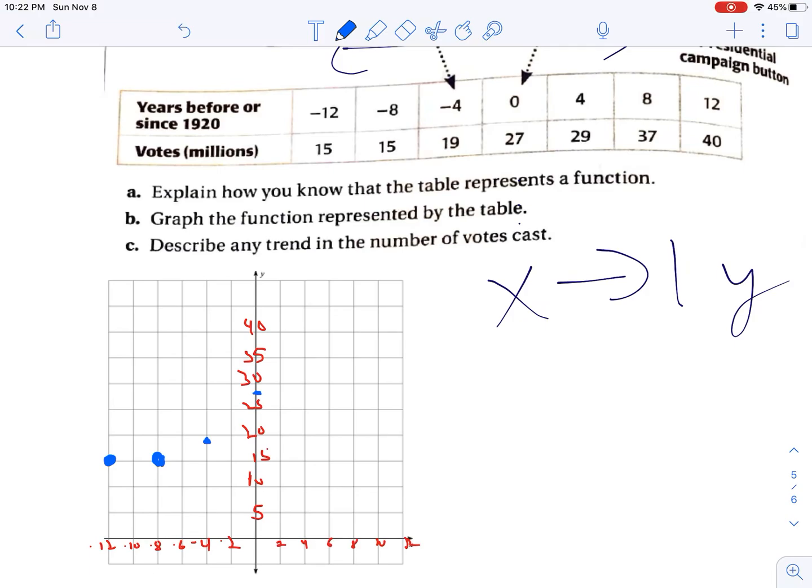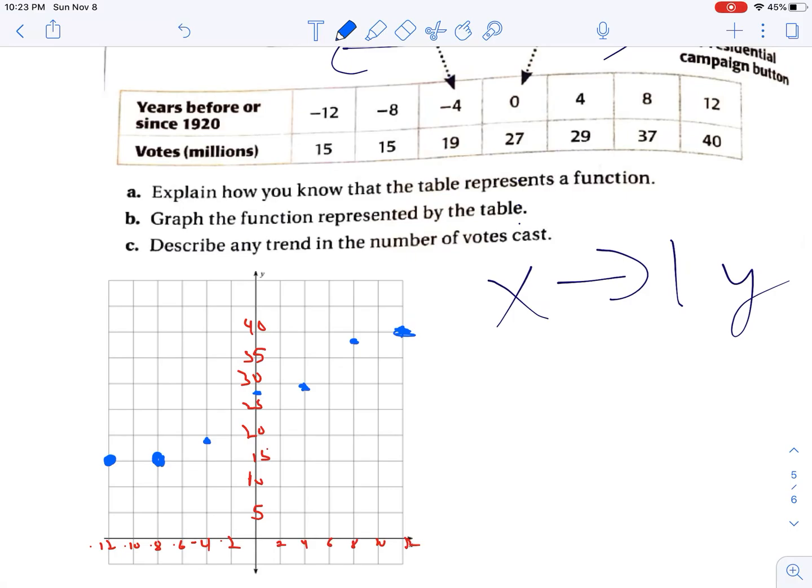Right there-ish. 4, 29, so just under 30 here. And then 8, 37, which will be just between 35 and 40, and then 12, 40 is all the way up top here. Hopefully there were no issues plotting these. I think the only challenge here was actually figuring out your scale for your graph.